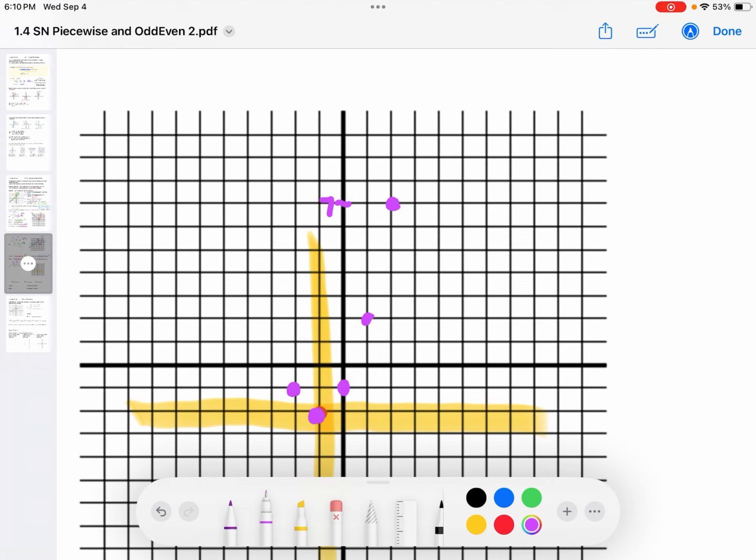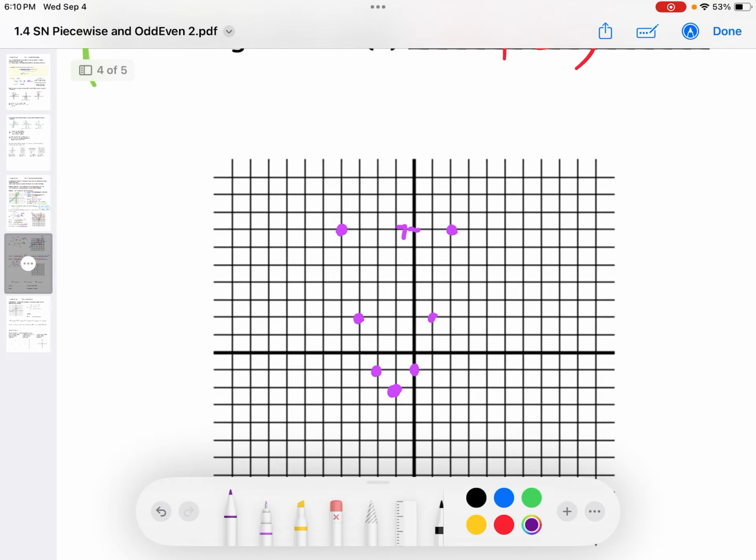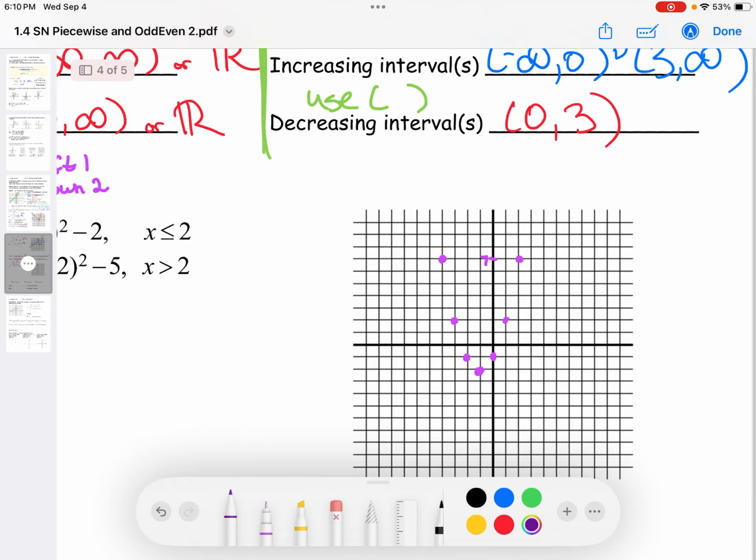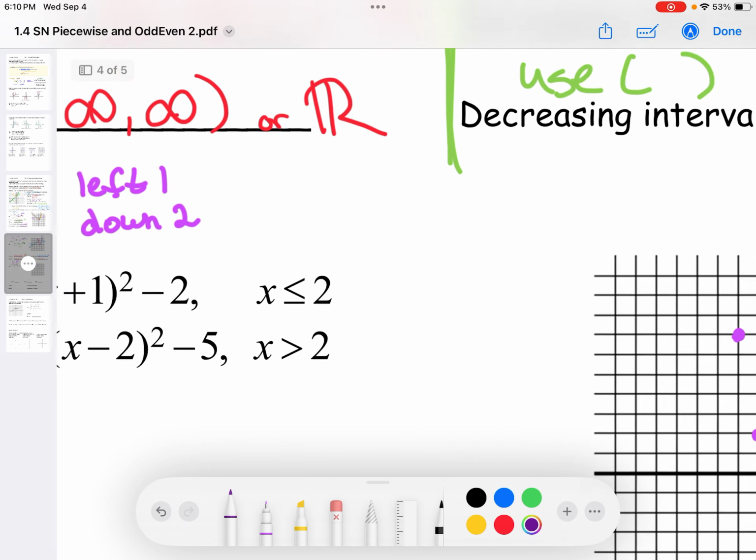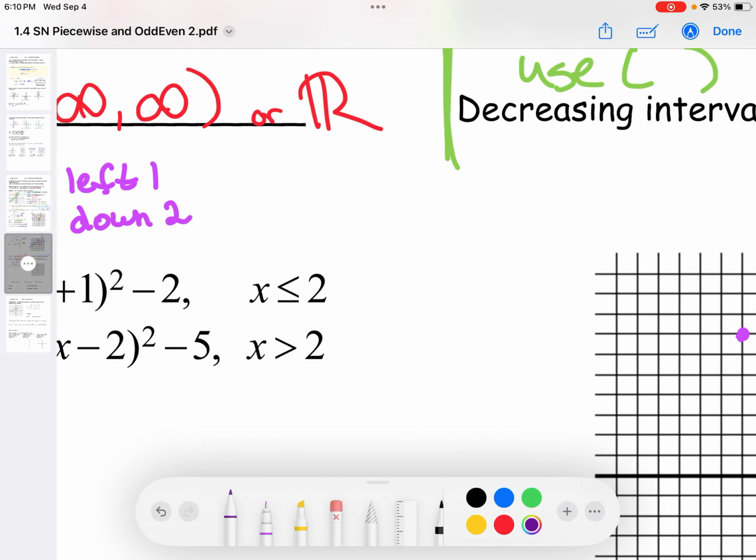We need to reflect this over our axis of symmetry. And here is the parabola. Now, again, we're only using a piece of this parabola. We're using where x is less than or equal to 2. That or equal to means we do a closed circle. That less than means we go left.